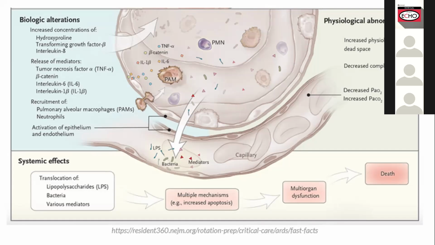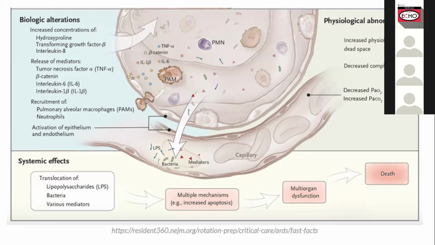Generally, this recruitment of macrophages, neutrophils, and inflammatory mediators is going to cause systemic effects, like systemic vasodilation, and you may also have increased apoptosis of cells at the site of macrophage recruitment.